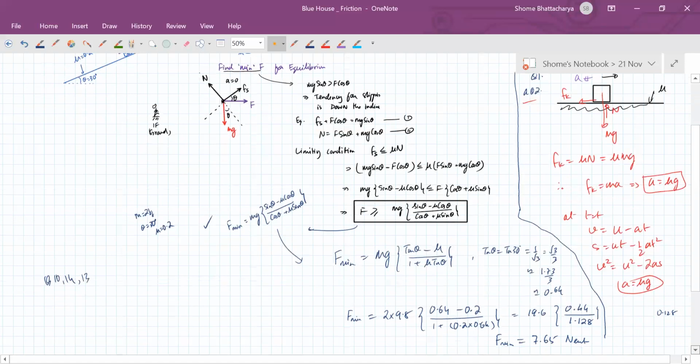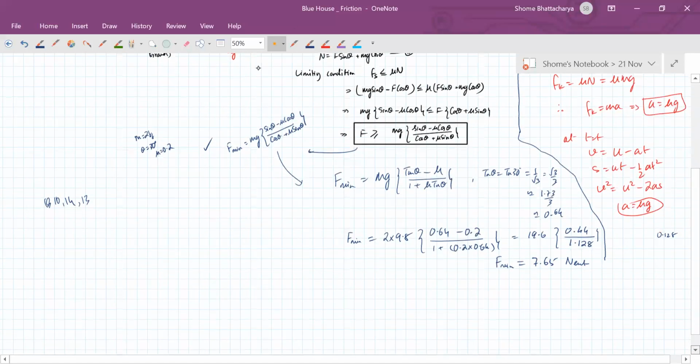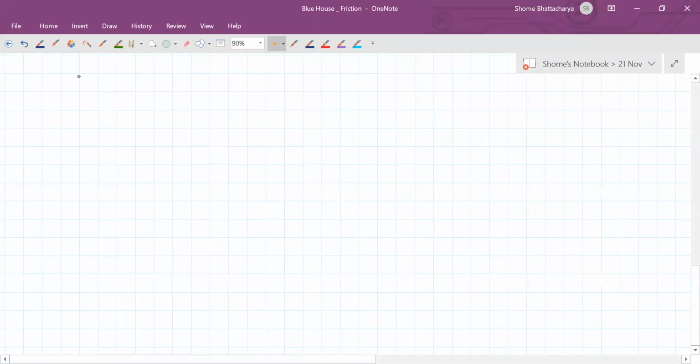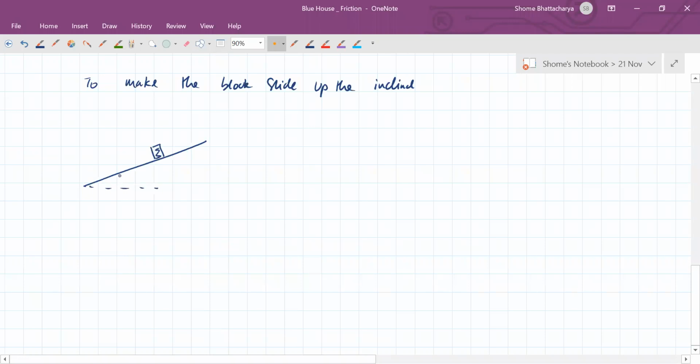So if it is sliding up the inclined plane, we have to actually overcome the friction. So to make the block slide up the inclined plane, now that's a slightly different situation. We still want to apply the force horizontally, but in such a way that now the block has a tendency to move like this.